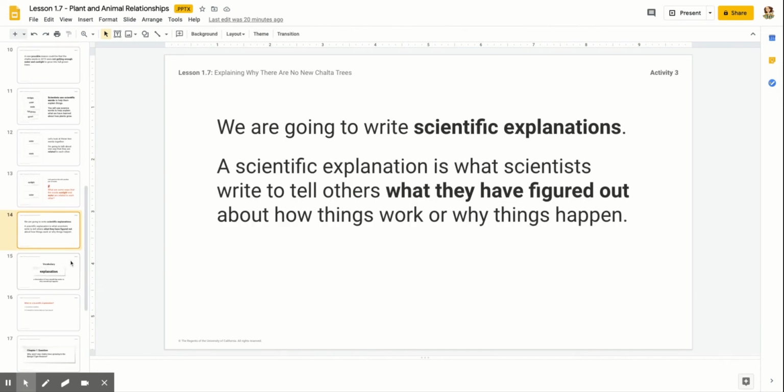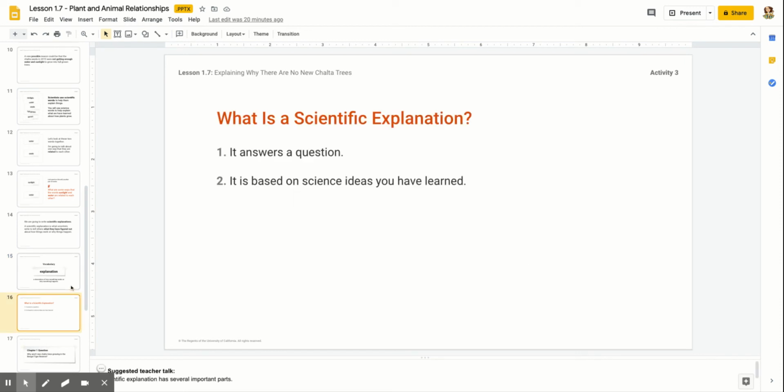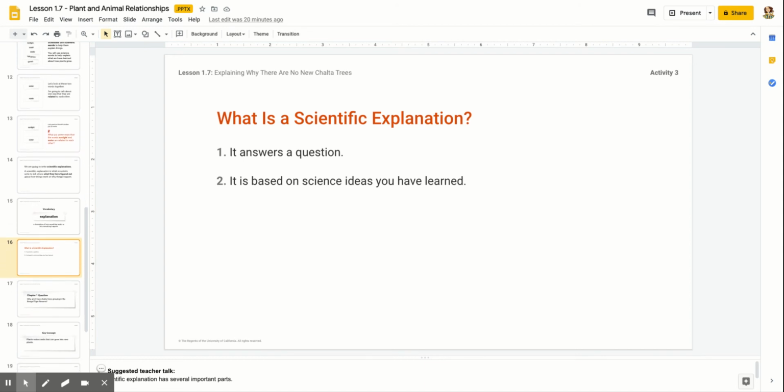So again, a scientific explanation is just a way that scientists use ideas to put things together and figure out what they figured out. And I thought it would be helpful to put this vocabulary word up. Explanation, it just means a description of how some things work or why some things happen. So, what is a scientific explanation?